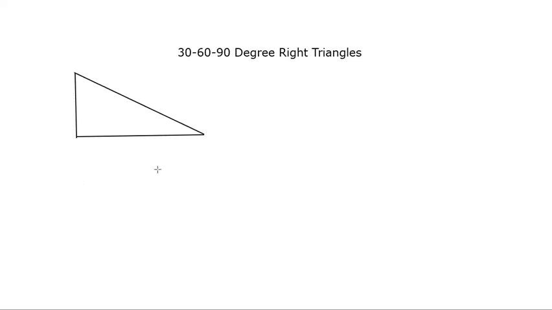Your legs will not be the same length because you have a big angle and you have a little angle. So we'll have a 60-degree angle and a 30-degree angle, and the other one will be our 90. And that's our 30, 60, 90 right triangle.